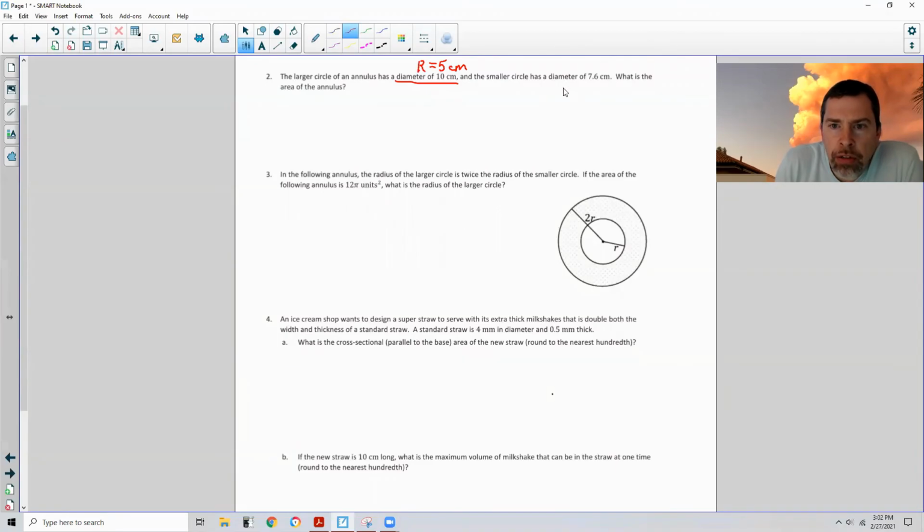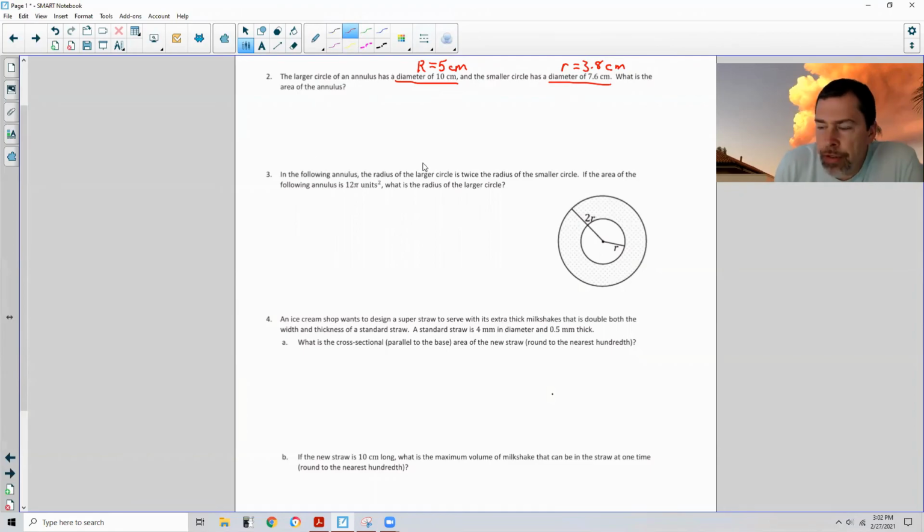And the smaller circle has a diameter of 7.6 centimeters. So therefore a radius of little r for the smaller circle, smaller radius, of half of 7.6, which is 3.8 centimeters. What is the area of the annulus?